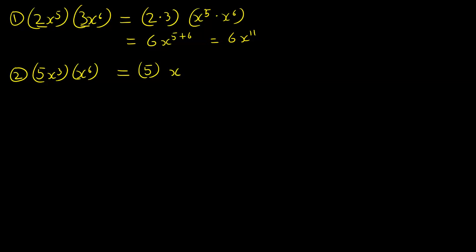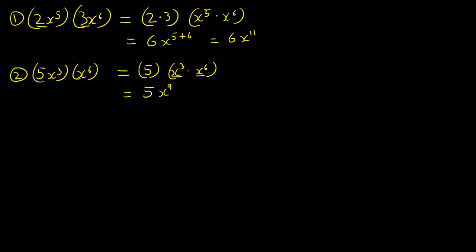We have x to the power of 3 times x to the power of 6, and we get 3 plus 6 is 9. When the same base is being multiplied with each other, we simply add those powers together. 3 plus 6, we get 9.